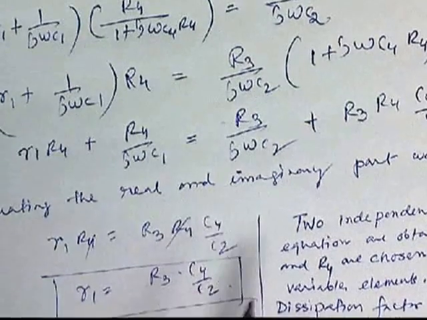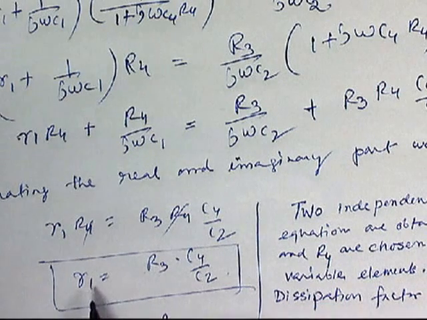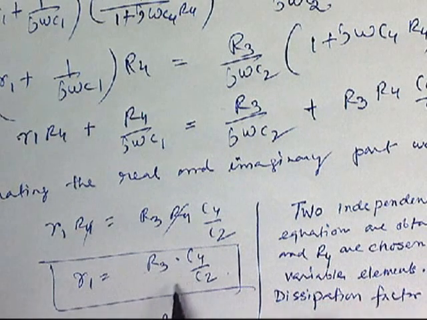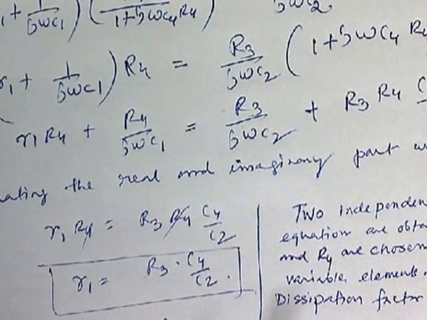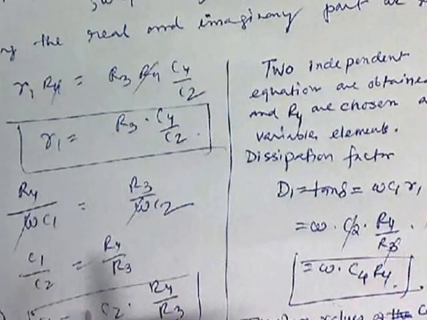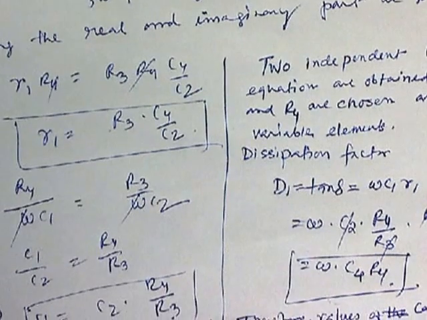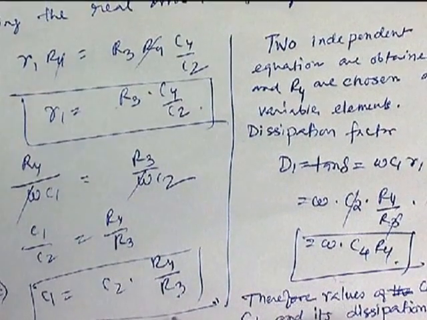Now equating the real and imaginary parts, we get R1 is equal to R3 into C4 by C2, and we also get C1 is equal to C2 into R4 by R3.